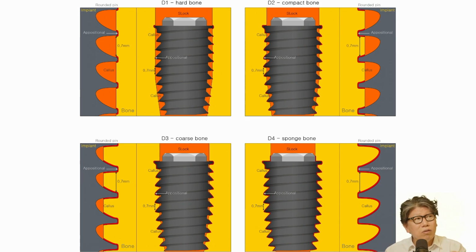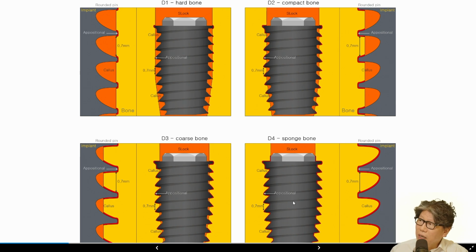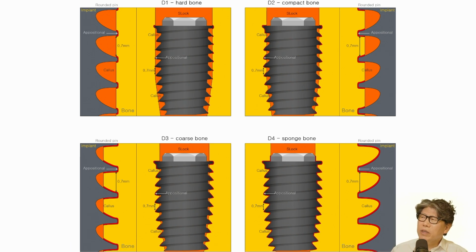It doesn't seem like only one side occurs. Of course, in the case of completely sponge bone, initial fixation is obtained by compression, resulting in bone compaction. So appositional bone growth occurs, but in reality, this is soft bone. In a compressed state, it seems that absorption doesn't happen and it endures. It seems like osteoblastic activity arises directly.